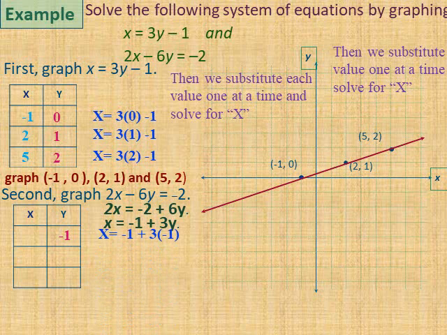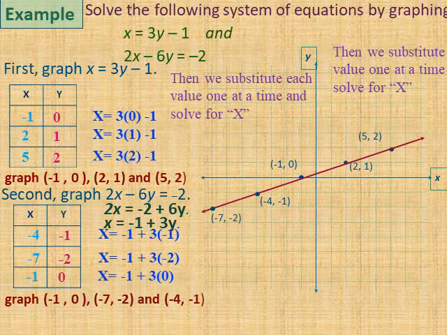It will be negative 1 minus 3, which means negative 4. So the first point is negative 4 comma negative 1. Put y equal negative 2. So 3 times negative 2 is negative 6, minus 1 is negative 7. The second point is negative 7 comma negative 2. Third, put y equal 0. So negative 1 plus 0 means negative 1. The third point is negative 1 comma 0. Graph the line.